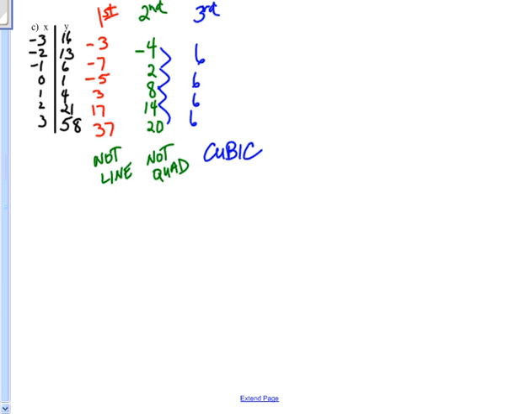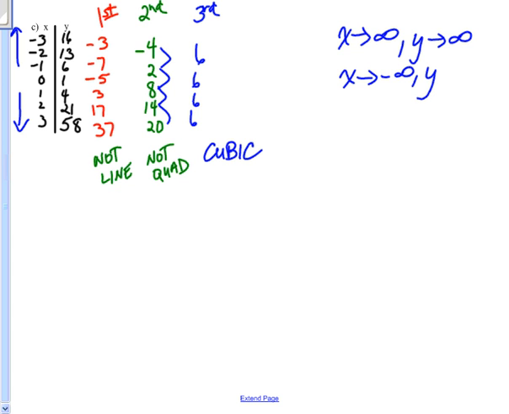It appears, if we eyeball this, that as x gets very, very large, our function is getting large. It appears that as x is approaching negative infinity, our function is becoming less negative, is increasing towards positive infinity, just by observation. We're going to see if this holds with the same end behavior.